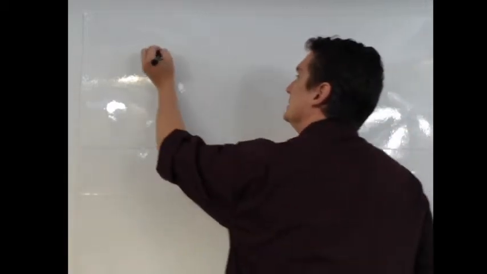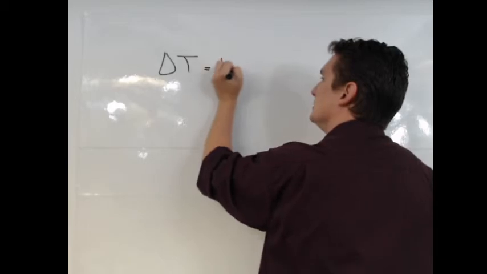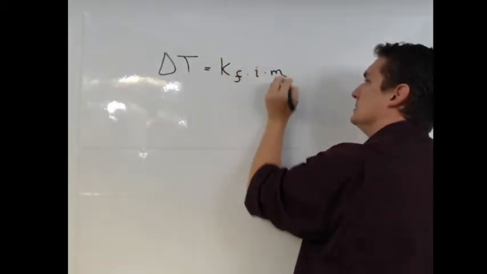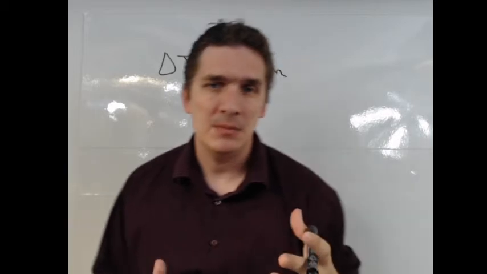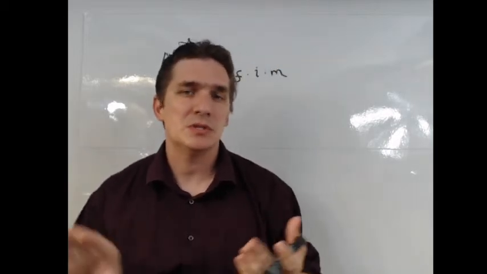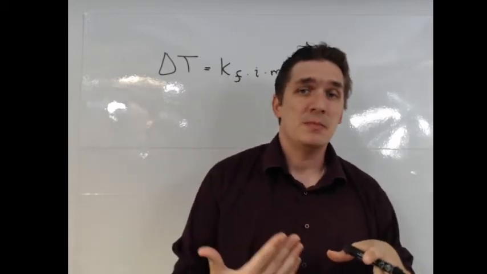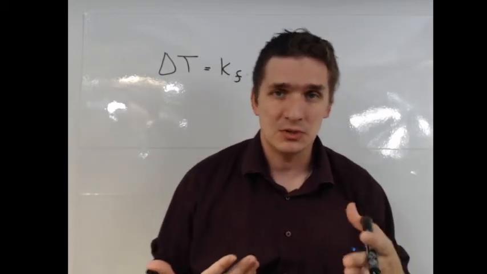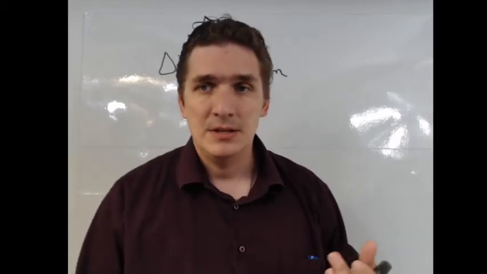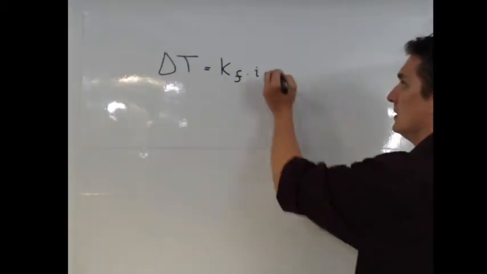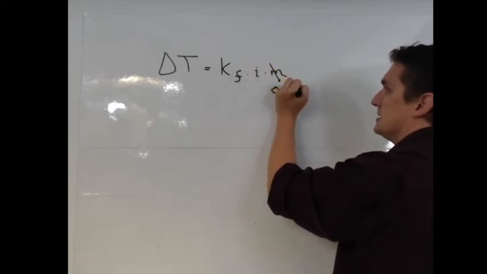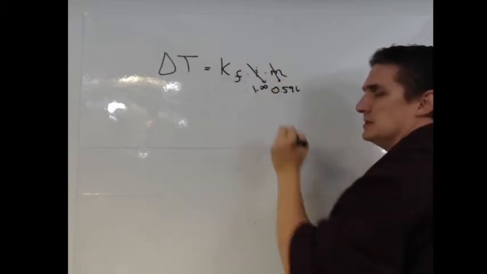So the formula for finding the melting point, like on the homework, the melting point for ethanol of a 0.596 solution of sucrose. To solve that problem, delta T equals K_f i m. Now keep in mind, melting and freezing are the same temperature. It's not like ice melts and freezes at different temperatures. It freezes at 0 degrees C, and the reverse, melting, is at 0 degrees C. So the molality here is 0.596, and it probably gave you in the problem that the van 't Hoff factor for sucrose was 1.00.